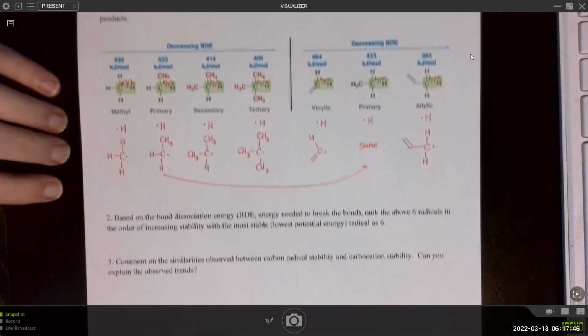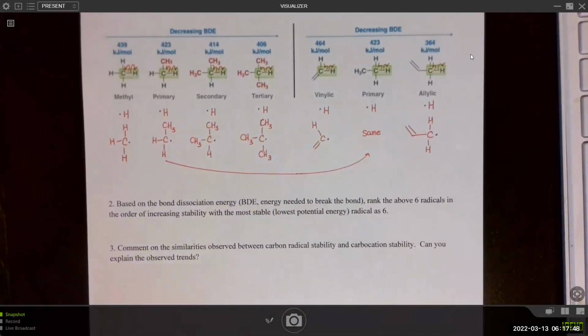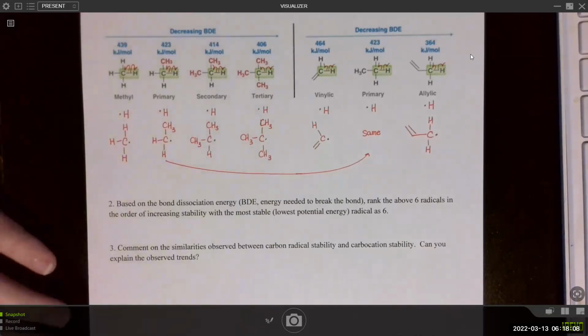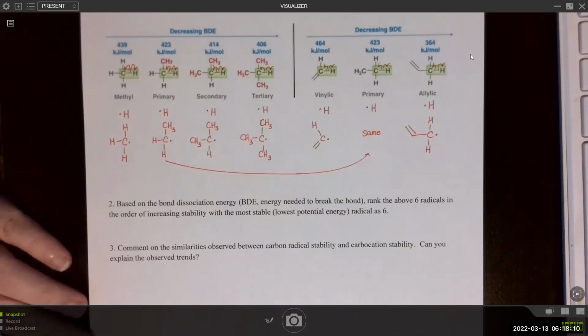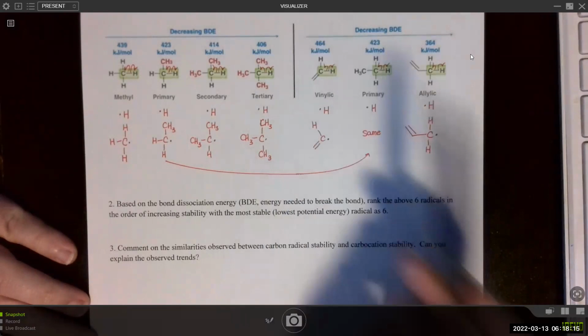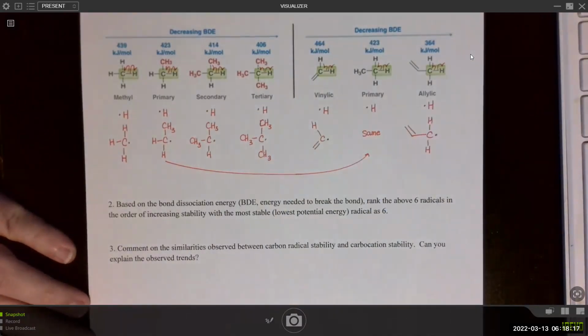All right, and then it says based on the bond dissociation energy, which is the energy needed to break the bond, rank the above 6 radicals in order of increasing stability, with the most stable or lowest potential energy radical as number 6. So if we are going to be starting with the least stable as number 1, right, we want to look for the one with the highest bond dissociation energy, because they're inversely related.